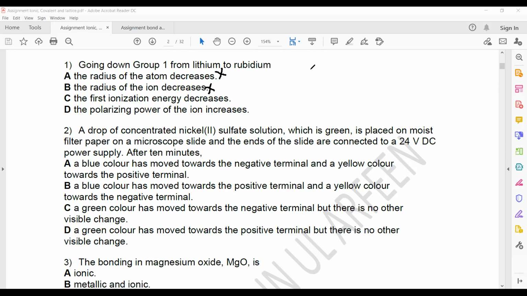Ionization energy means energy required to remove an electron from a neutral gaseous atom. So if the size is larger, it will be easy to remove an electron. That's true. Polarizing power increases? No, polarizing power decreases, because to have a strong polarization, the positive ion should be smaller in size. That's why C is the correct answer. Is it clear?